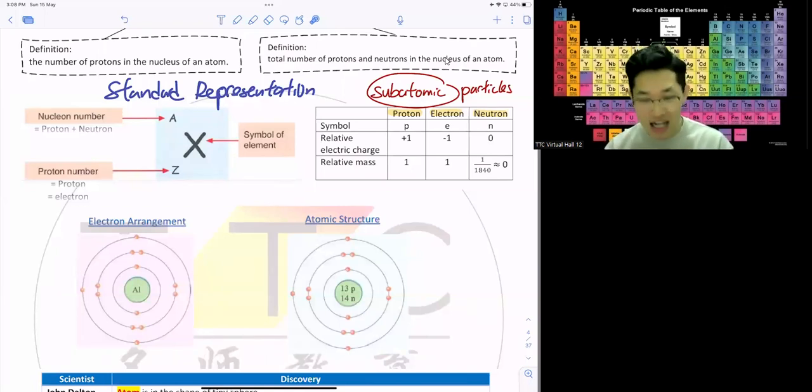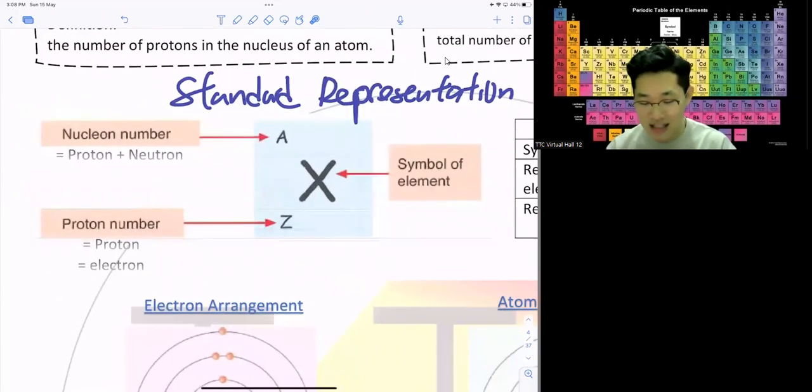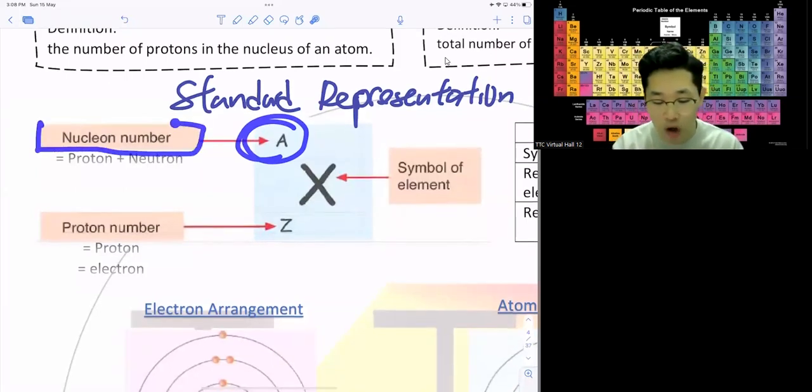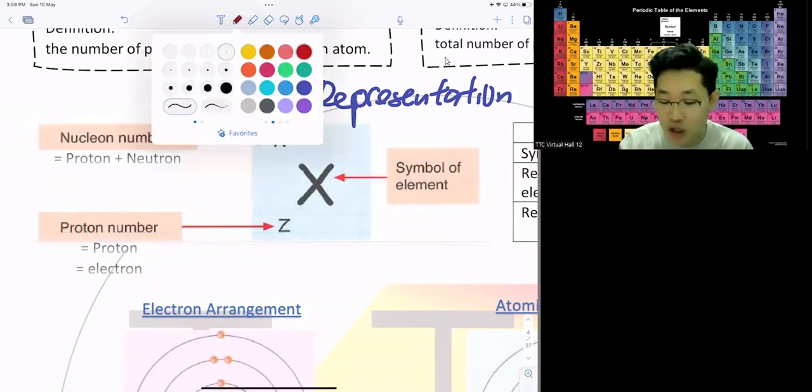Form 1 or form 2, I can't remember already, but something that you have learned before. So let's say I give you an example. Before giving you the example, I tell you first, the number on the top represents nucleon. What is nucleon? This word looks like nucleus, right?